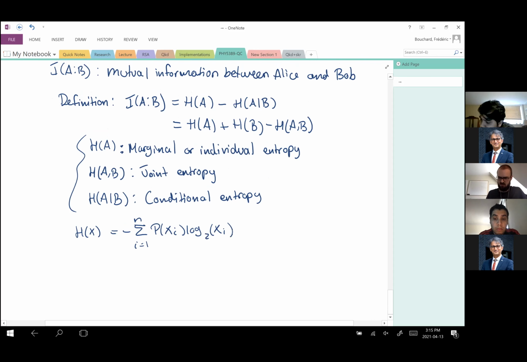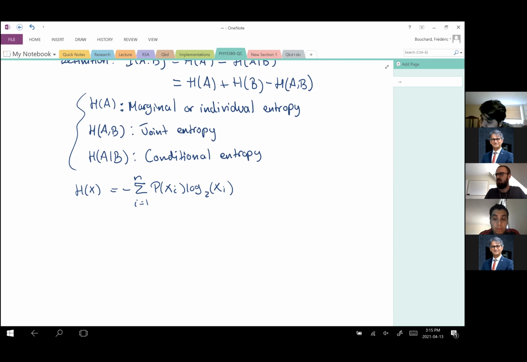This is the general expression. But there are two specific definitions that are useful. There's Shannon entropy, which we usually write with a lower case h. This is also known as the binary entropy, which is a specific case when you're only dealing with two values. So this is what you have with bits.